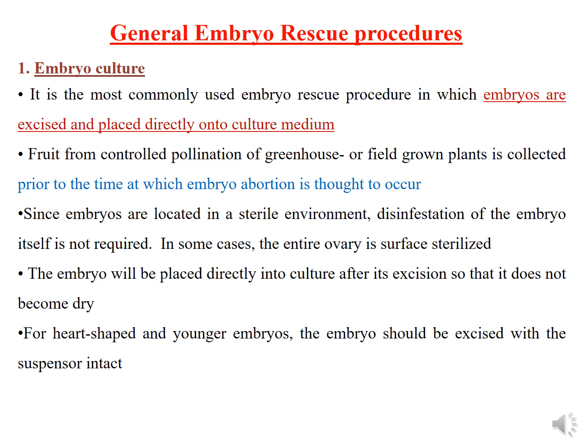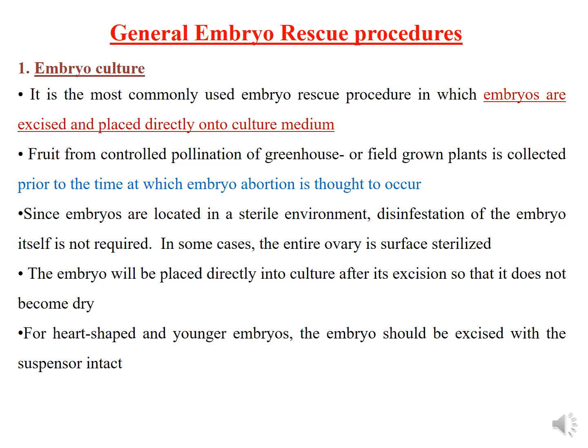Then fruit from the controlled pollination of greenhouse. In case of valued crops, we do pollination in greenhouse or glass house conditions, or field grown plants, and the fruit is directly collected prior to the time at which we think embryo abortion is going to occur. Then embryos are located in a sterile environment.